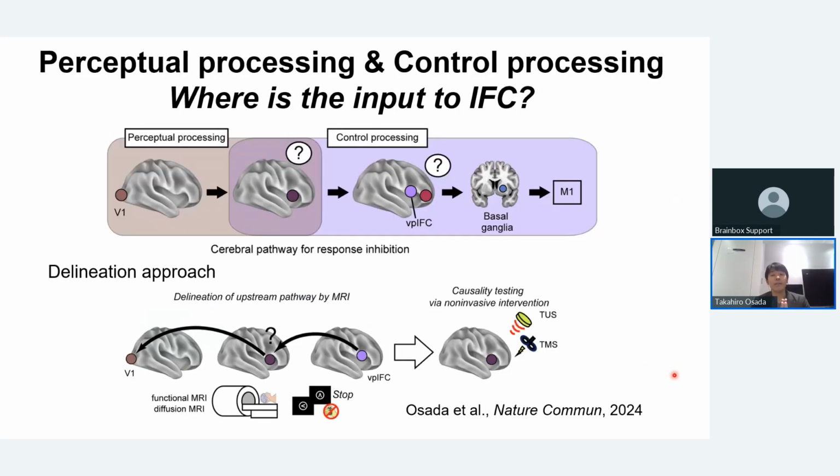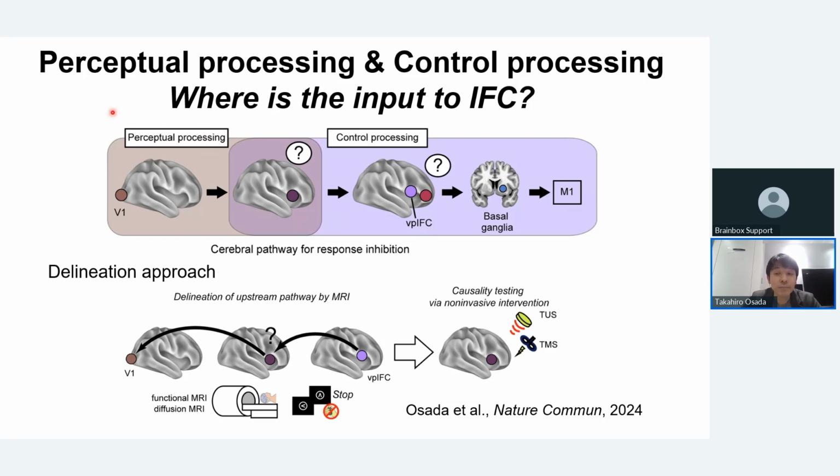So now I would like to further discuss the neural circuits for response inhibition. The IFC, inferior frontal cortex, particularly the ventral posterior IFC, VPIFC, plays a critical role in response inhibition. The IFC interacts with the basal ganglia and subsequently the primary motor cortex.